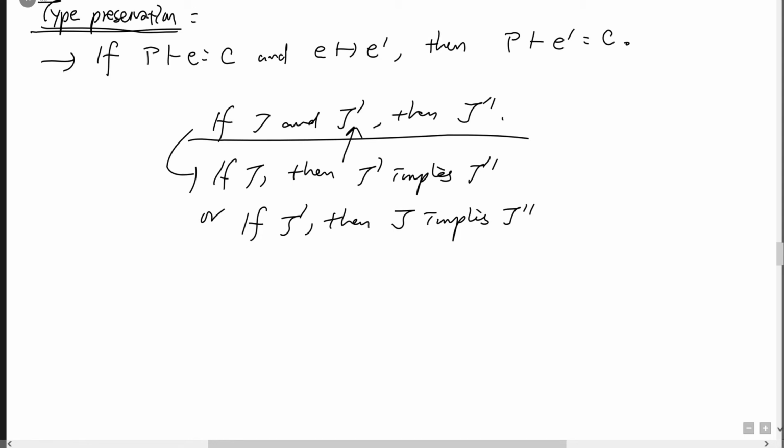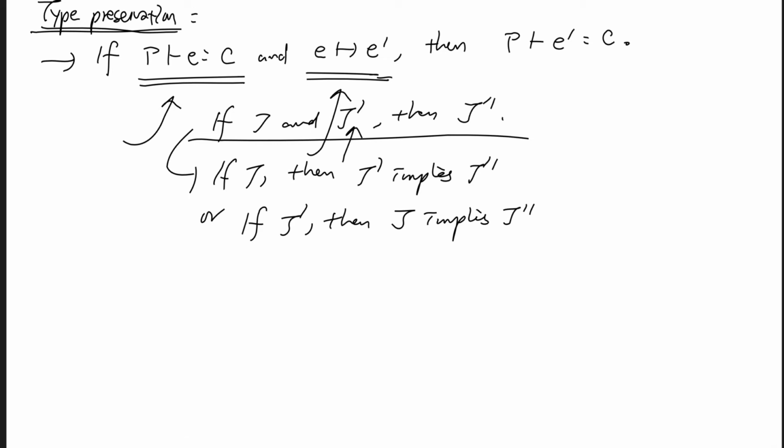So first, we have to decide to which judgment of this one and this one we should apply rule induction. For this particular case, it turns out that either option is fine. You can apply rule induction to this judgment, or you can apply rule induction to this judgment. And whichever path you take, you can complete the proof.